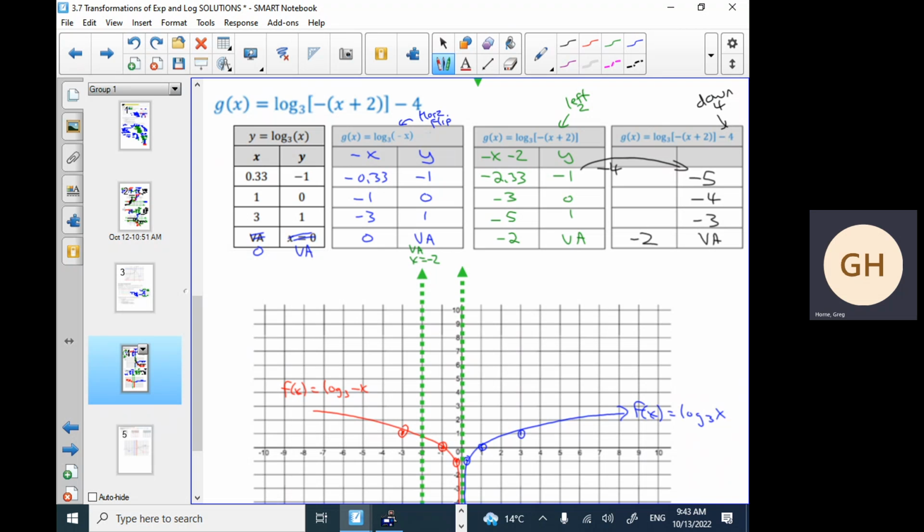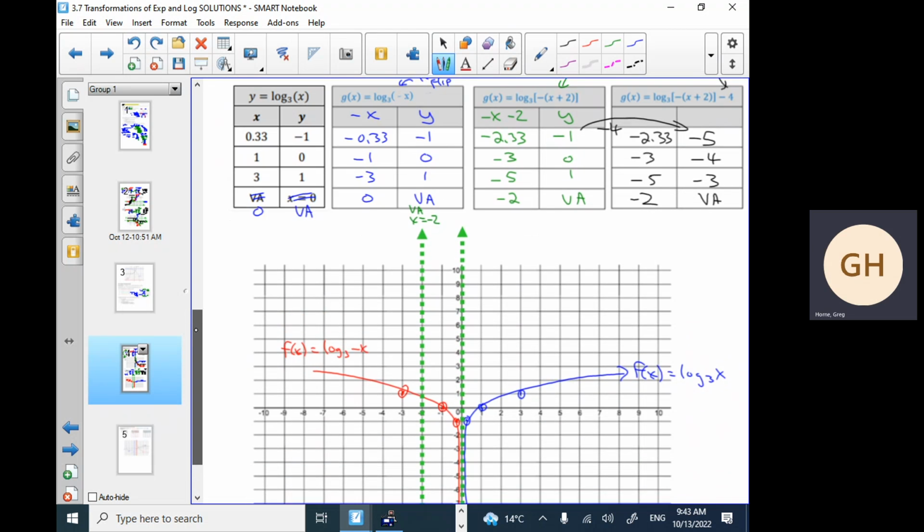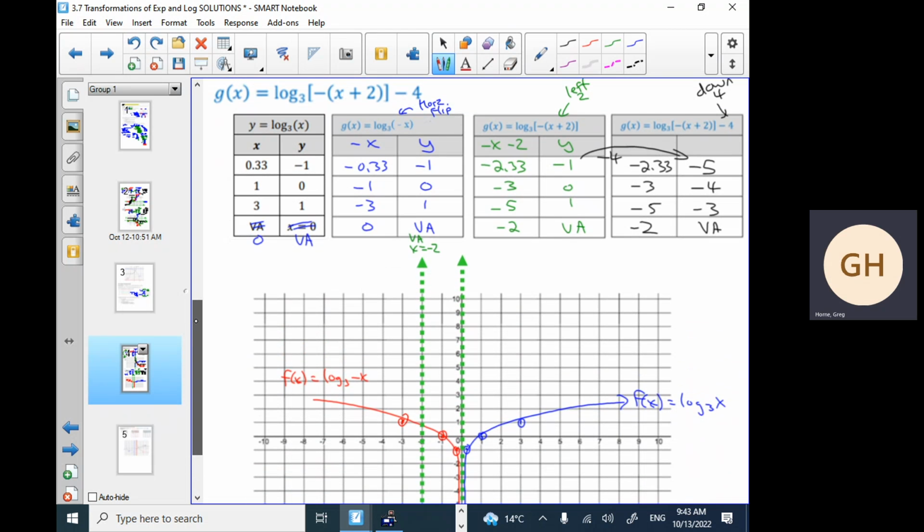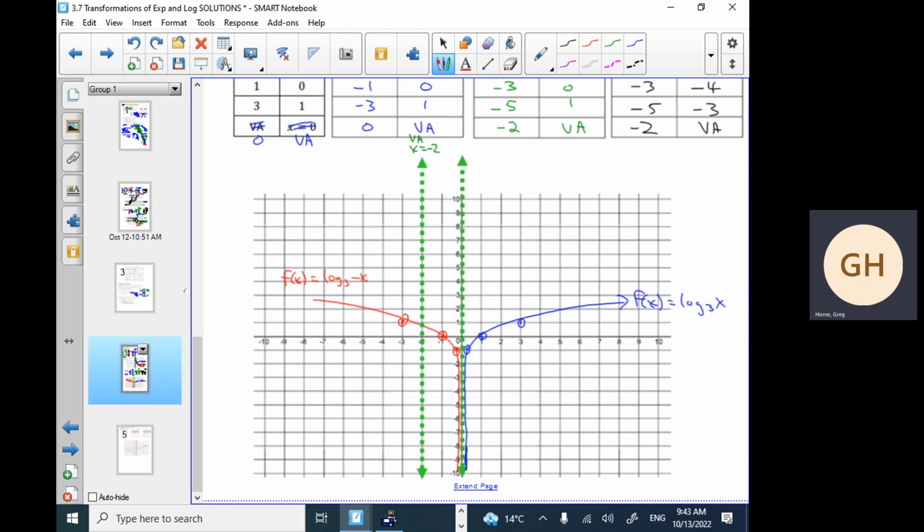All the other x values are just tagging along, changing vertically. So let's show both of those and we'll be done. We just have to move left 2 and down 4, from my red one here.